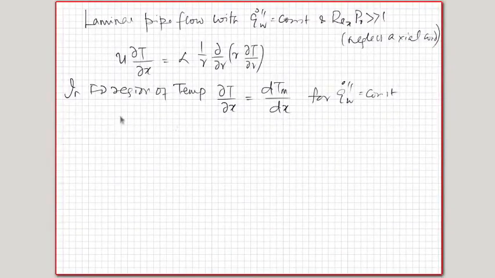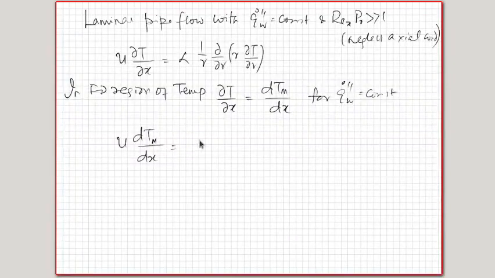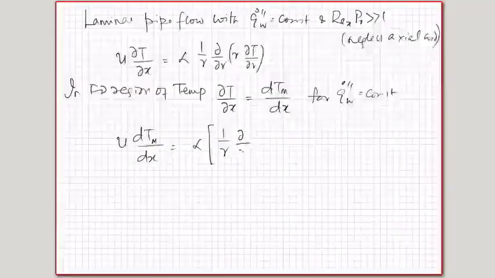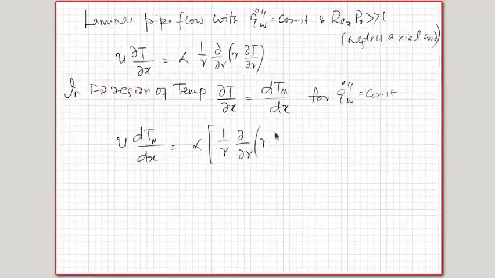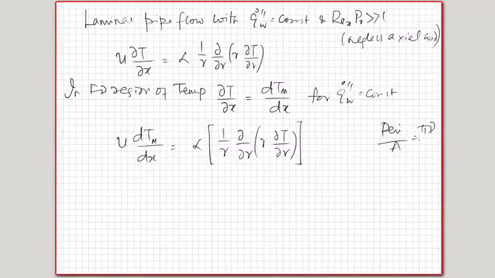So what will come here? I'll get u dTm by dx is equal to alpha times 1 over r del by del r into r del T by del r. Now I substitute for this dTm by dx for a circular pipe. So for a circular pipe, perimeter divided by area is pi d divided by pi d squared by 4.